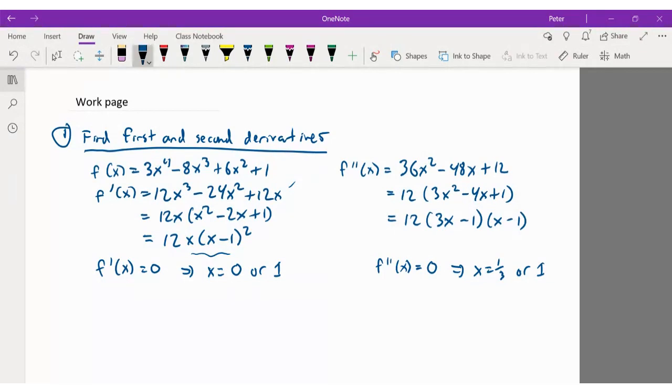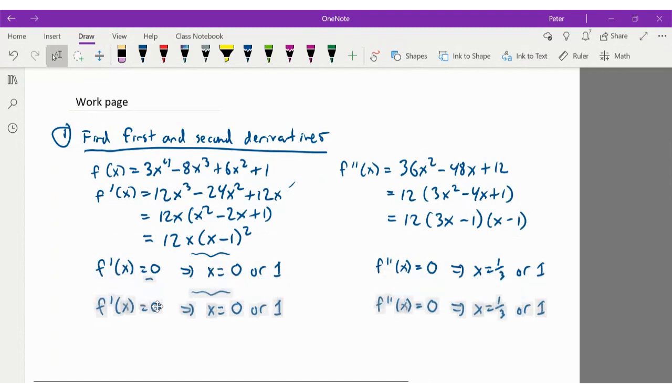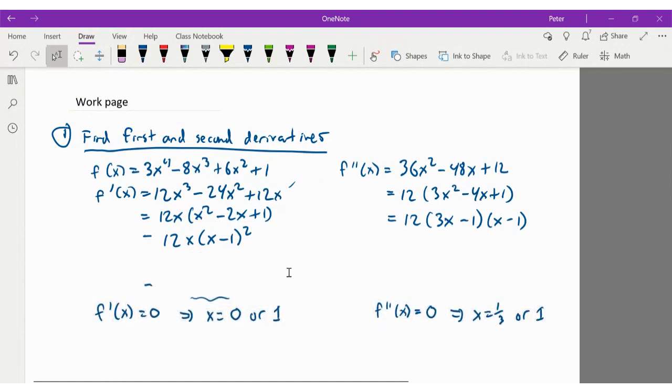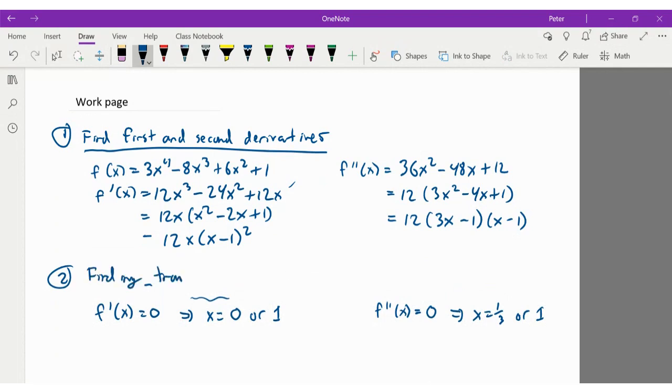I should have pointed out here what I'm doing. I'm finding transition points.